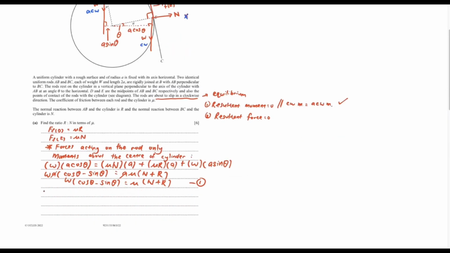So the resultant force along AB is equal to 0.